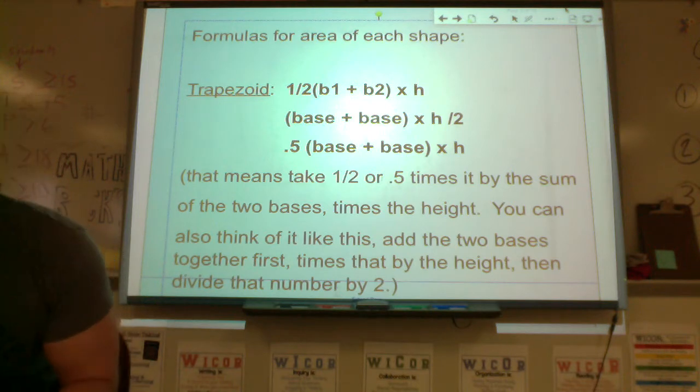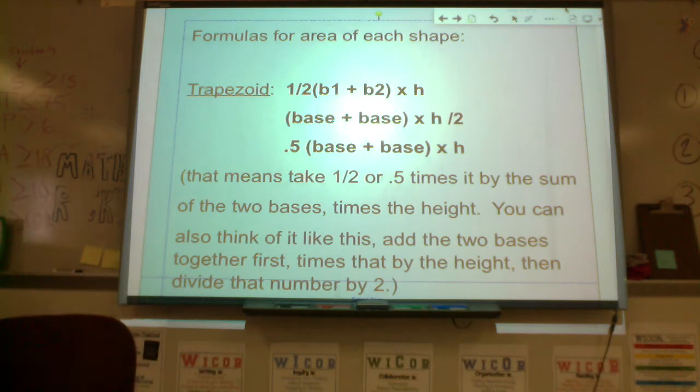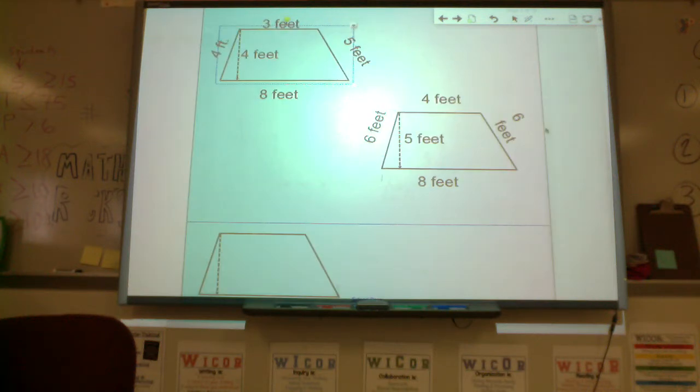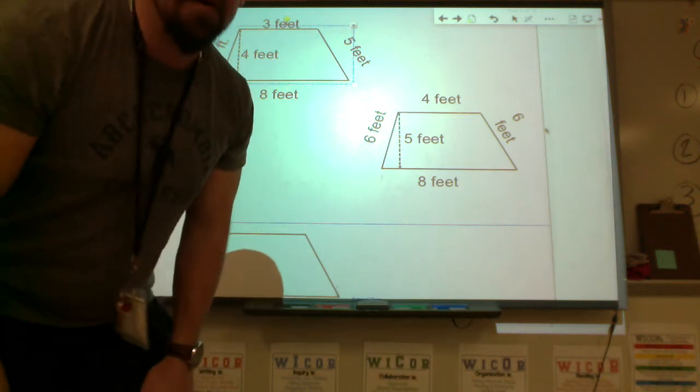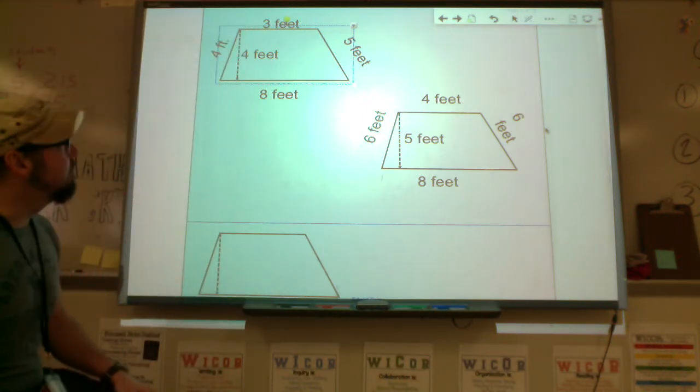All right, let's do one of these. Okay, so here we have a trapezoid.